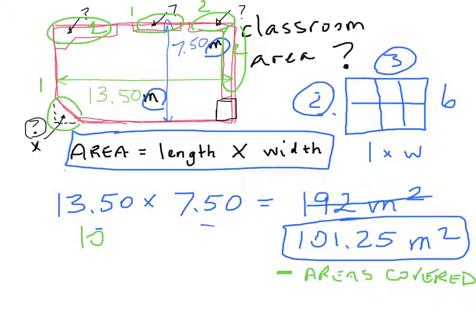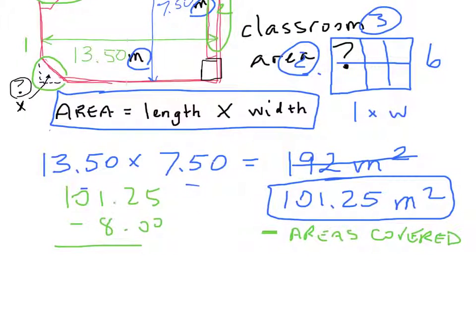So I'm going to take my 101.25 and subtract my 8. What am I going to get? Somebody calculate that for me. My 101.25 square meters minus my 8. 93.25. All right, so I'm going to get 93.25 meters squared.